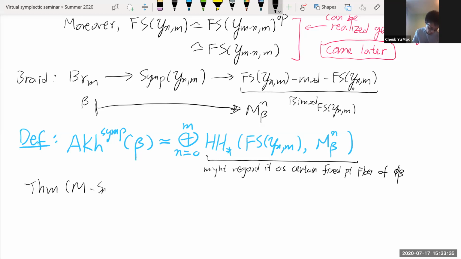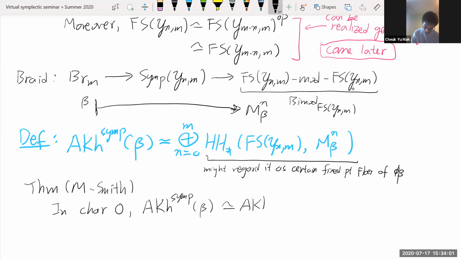Right. As a continuation of our previous theorem, we show that in characteristic 0, this is isomorphic to the annular Khovanov homology defined by Asaeda, Przytycki, and Sikora.